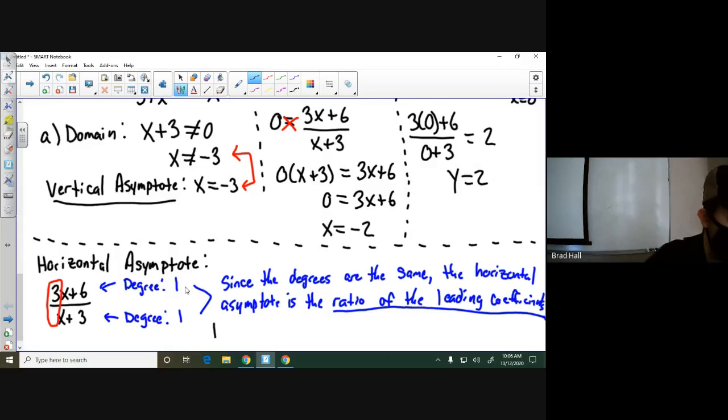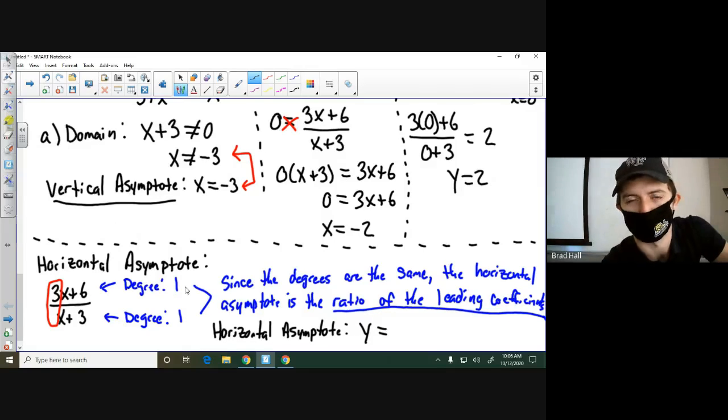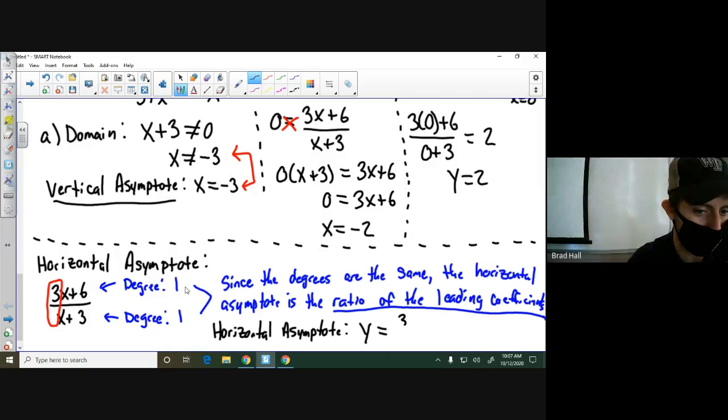So the horizontal asymptote, it's normally y is equal to, because sometimes they'll ask for it as an equation. It's going to be 3 over 1.